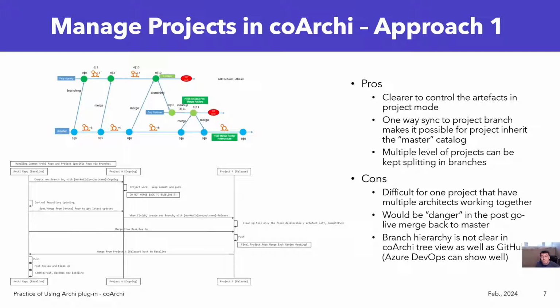You need to invite all the impacted architects, including your project architect or project solution architect, because everyone needs to understand that project A is going to release or has released, and that number 1, 2, 3 artifacts have been created after the baseline, and now the architect wants to add them back to the master repository.